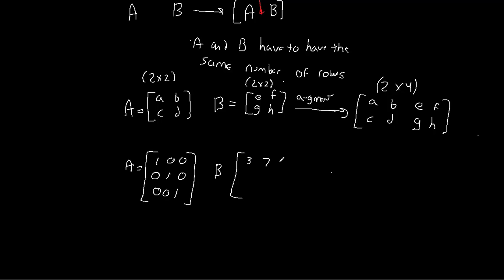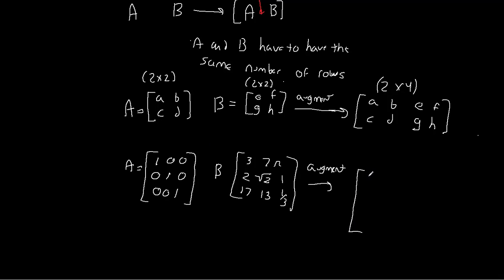We'll do 3, 7, pi, 2, negative root 2, 1, 17, 13, and a third. Why not? It doesn't matter what the numbers are. As long as they share the same number of rows, we can augment. And we can augment this matrix.